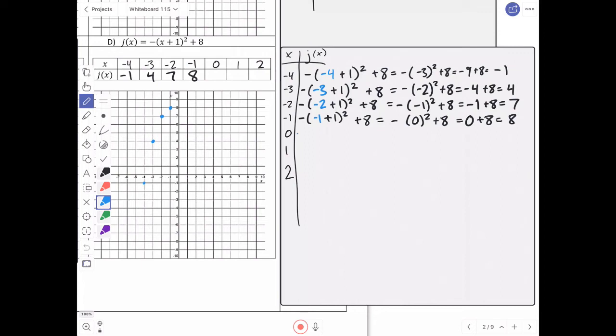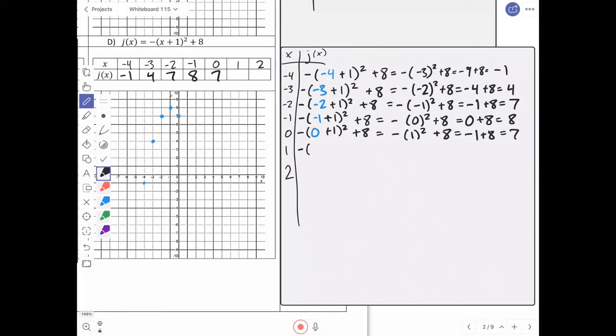And negative 0 plus 1 squared plus 8 equals 0 plus 1 is 1 squared plus 8, which is negative 1 plus 8, which we know to be 7. 0 made 7.